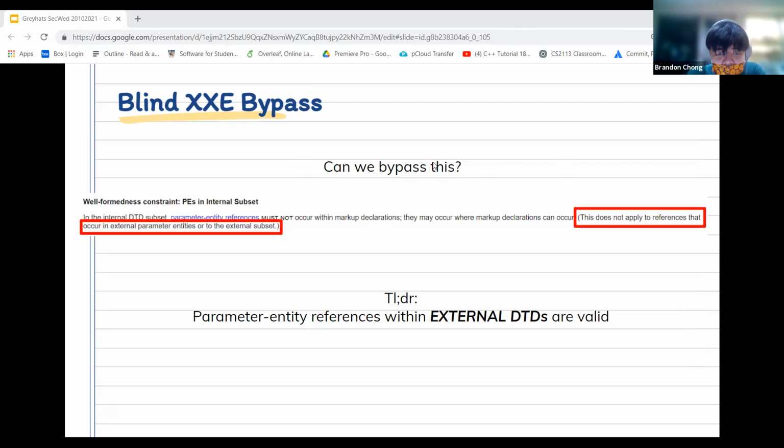The same line from earlier also says that this doesn't apply to references in external parameter entities or external subsets. So you can see how we can take advantage of this and circumvent it. We can define our parameter entities within the external DTDs, and then we just fetch our references from the external DTD itself.